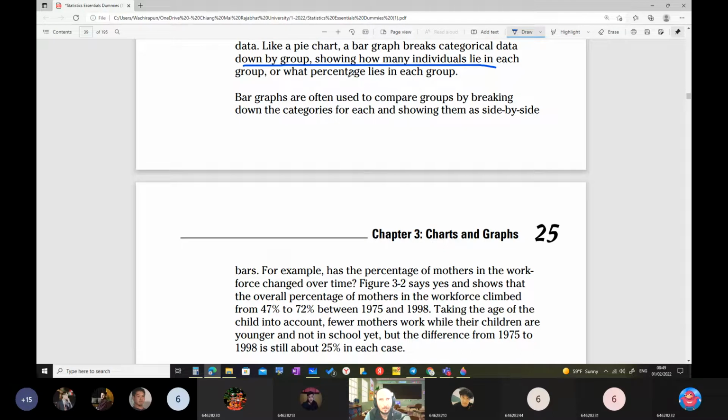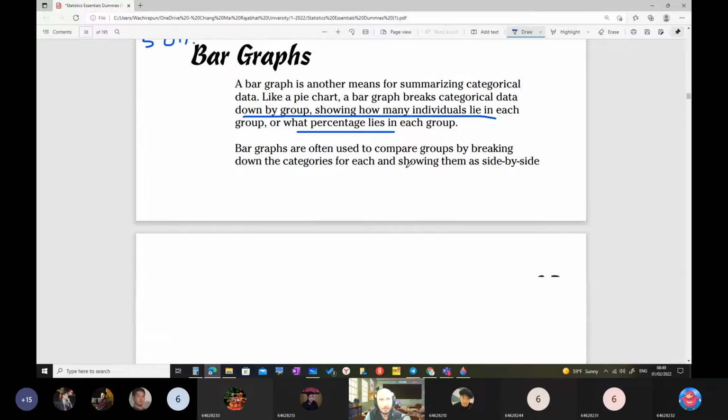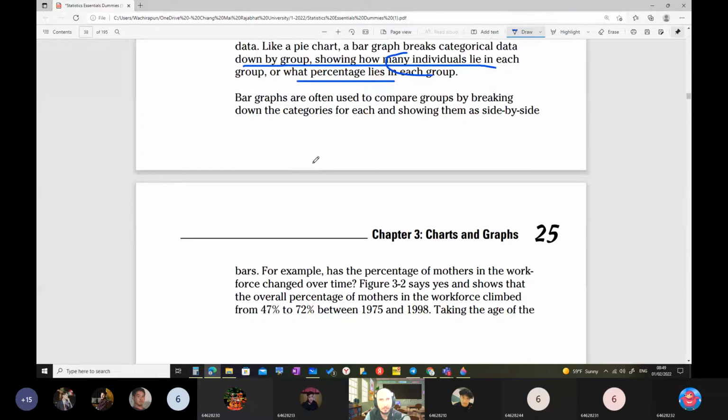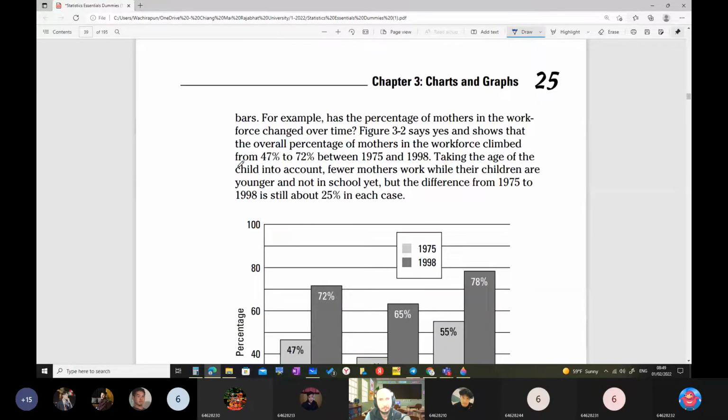We can put number of individuals or percentage. So pie chart, only percentage, but bar can be number of people, or percentage. We can compare different groups side by side.